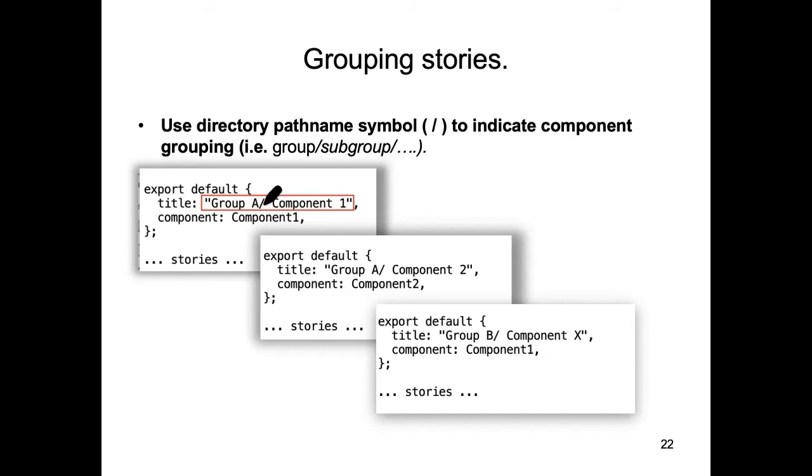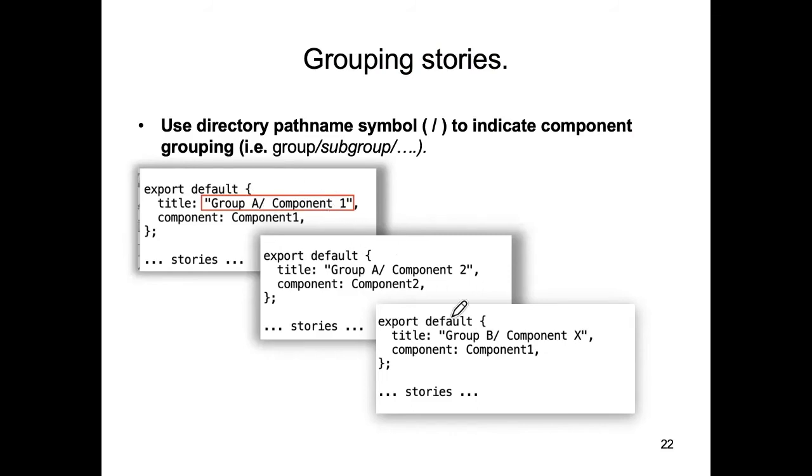That slash is significant. The Storybook server interprets that slash to mean that what's to the left is a category that I want to have for my components, and on the right is the actual component itself. And you can have categories within subcategories if you want to, but the slash is how it determines that you are grouping components for the purpose of displaying them on the screen.